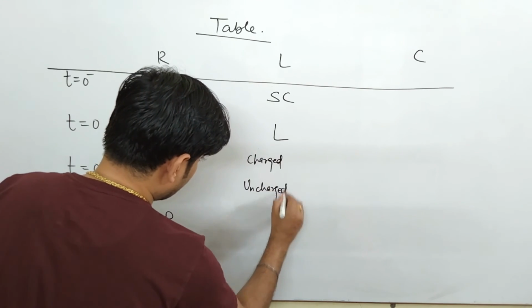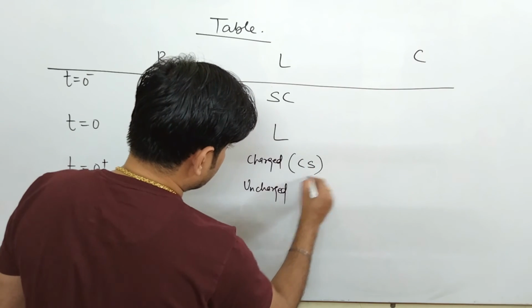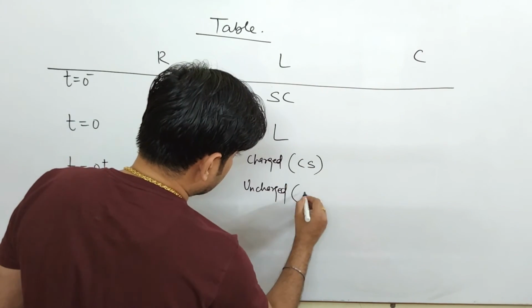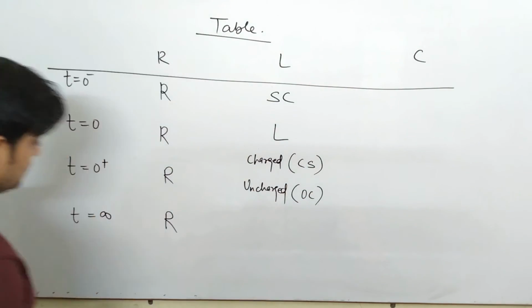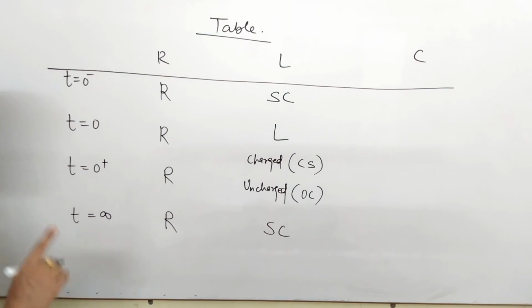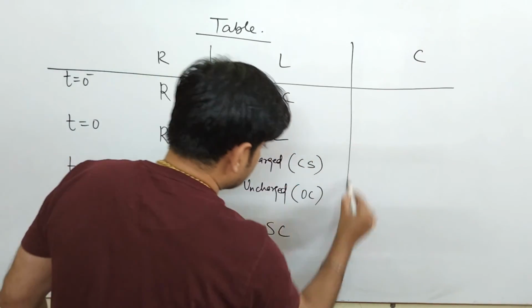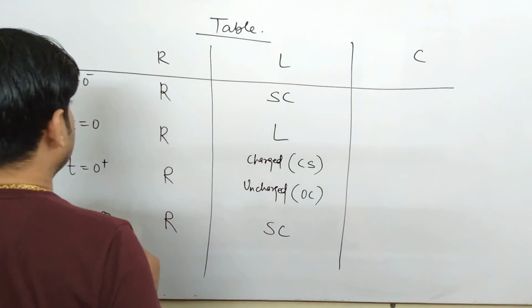If charged, it behaves like a current source. If uncharged, it behaves like an open circuit. At t equal to infinite, it behaves like a short circuit. Very important table. Please remember this table. This will help you much while solving the problem.